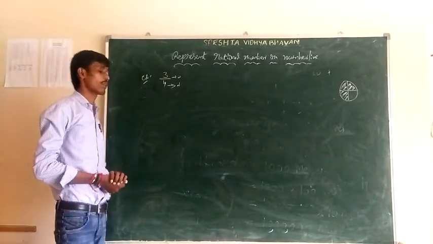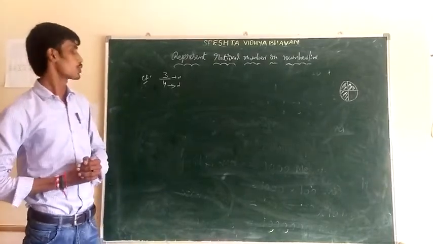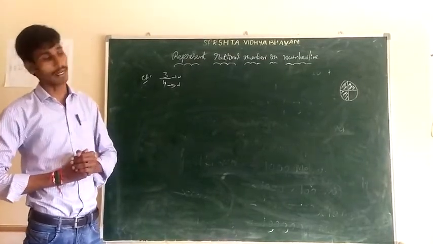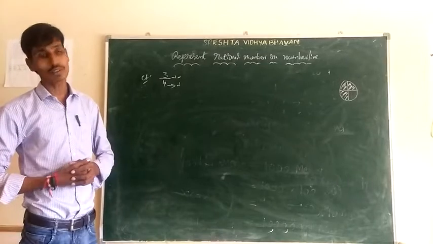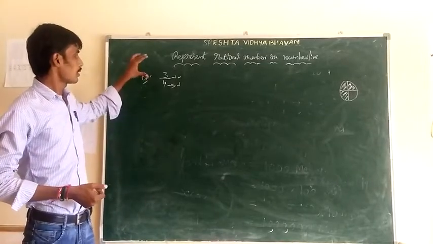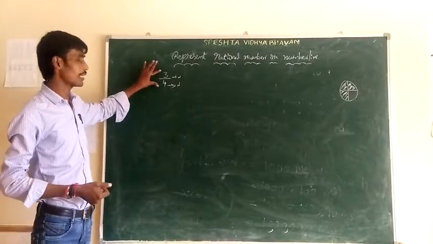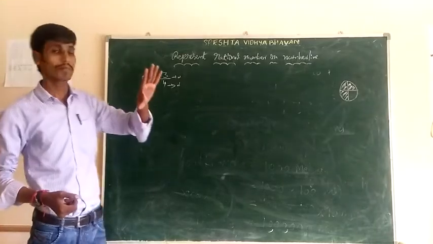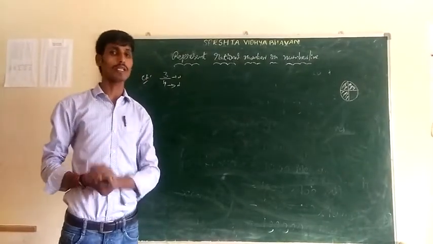When you represent a rational number on a number line, first we draw the number line and indicate the integers on it. Before that, we observe that 3/4 is a proper fraction. What is a proper fraction?